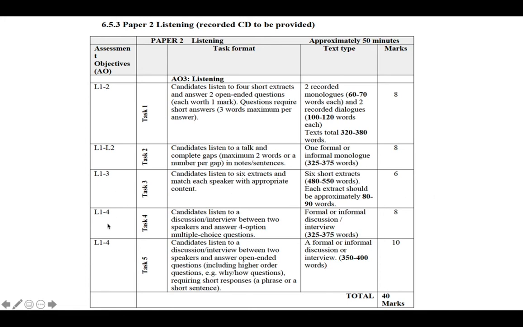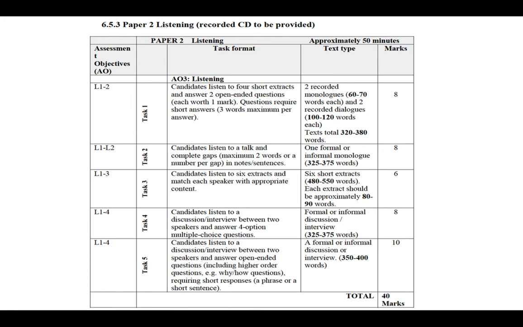And then in the next one, the learners in this task will listen to a discussion or interview between two speakers, and then they will answer 4-option multiple choice questions. Which means they will answer multiple choice questions with 4 options, so A, B, C, D, right?